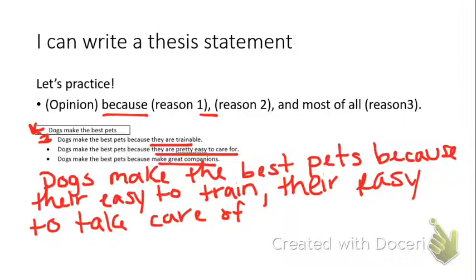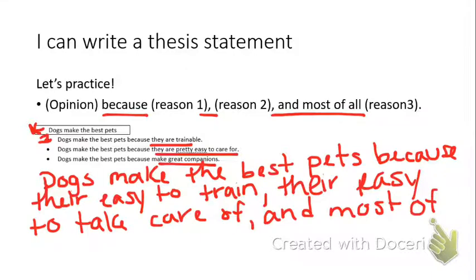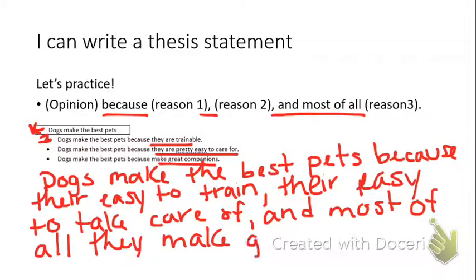But you'll notice that it says comma and most of all, so I am going to add that. They make great companions. Okay. So I added my period because that would be the last of my punctuation.